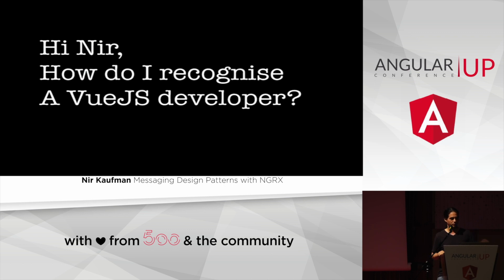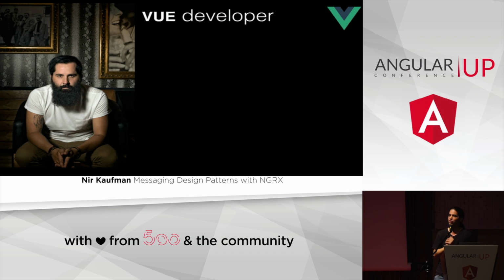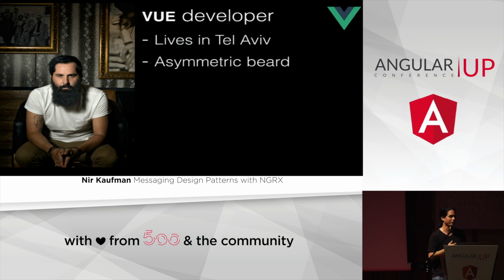Meantime, real question. It's based on real questions. So people ask me, Nir, as an Angular developer, how can I recognize the Vue.js developer? So I made a cheat sheet for you. This is a Vue.js developer. Most of the time, he probably lives in Tel Aviv.